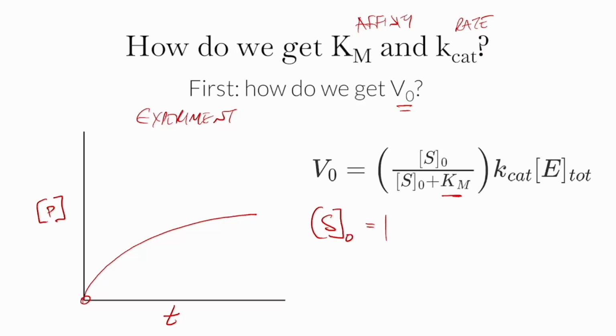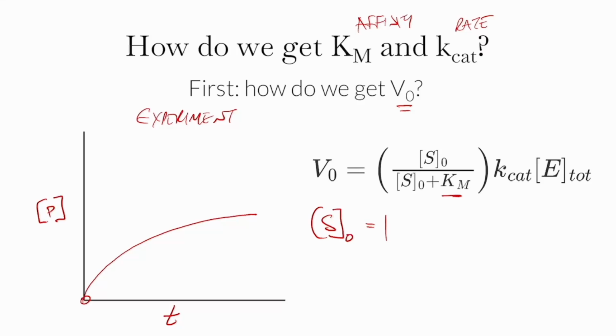This is time on the x-axis, product concentration on the y-axis. They have the same shape, but different underlying things are happening. So what's happening here is we start with no product. Here we reach equilibrium. We've accumulated all the product we're going to get.